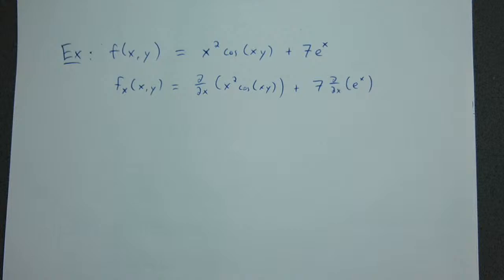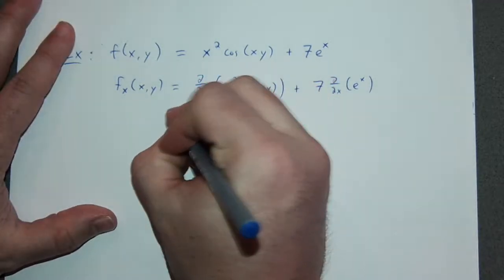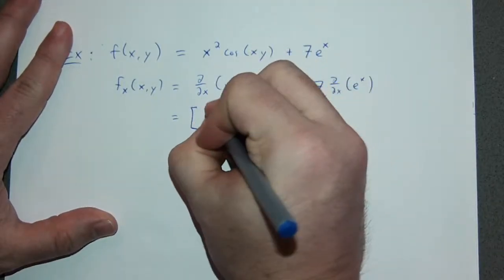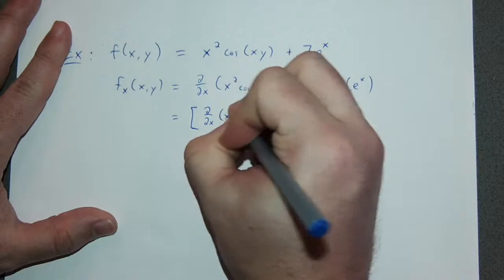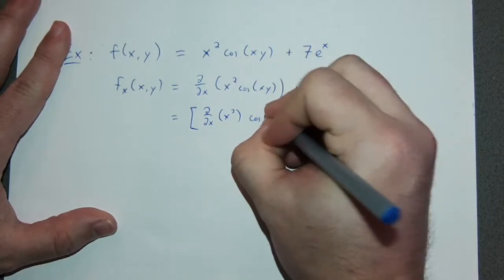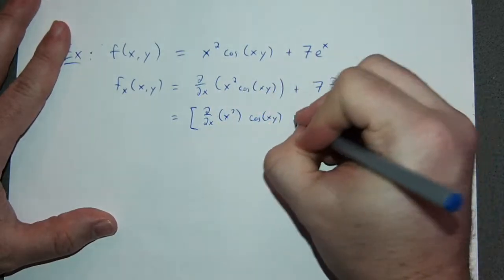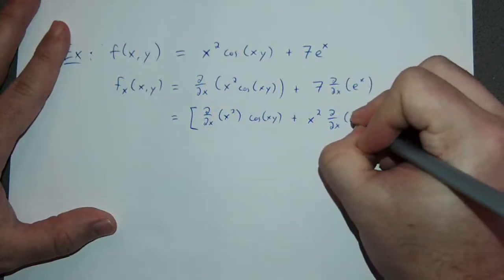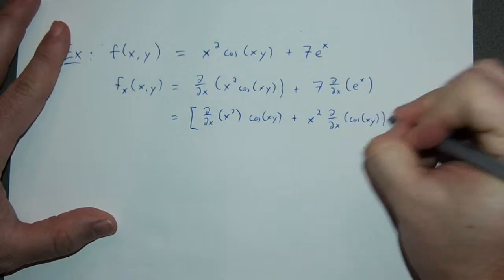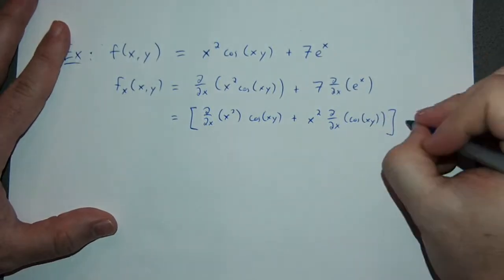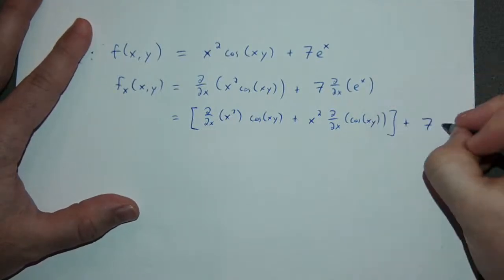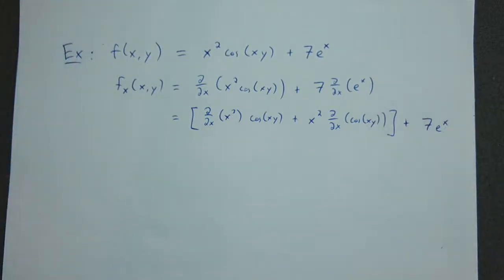Yeah, exactly. As chat noted, I have to use product rule here because this is a product of two functions of x. So this becomes the x partial of x squared times cosine of xy plus x squared times the x partial of cosine of xy, plus 7 times e to the x, because the x partial of e to the x is just e to the x.